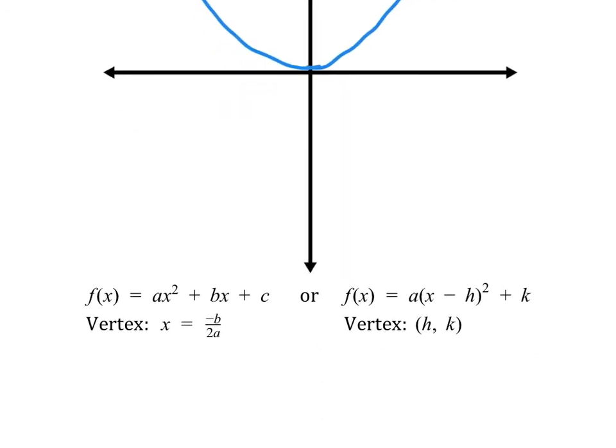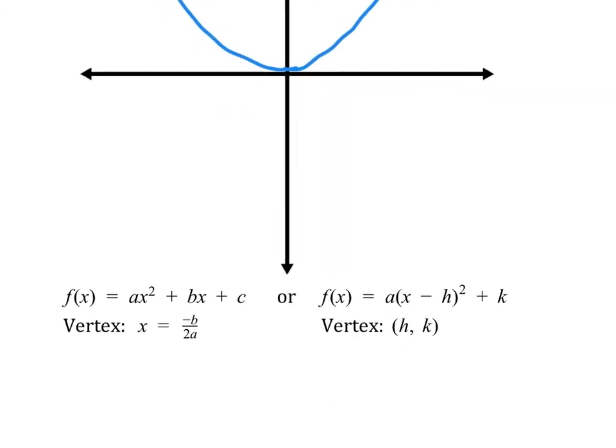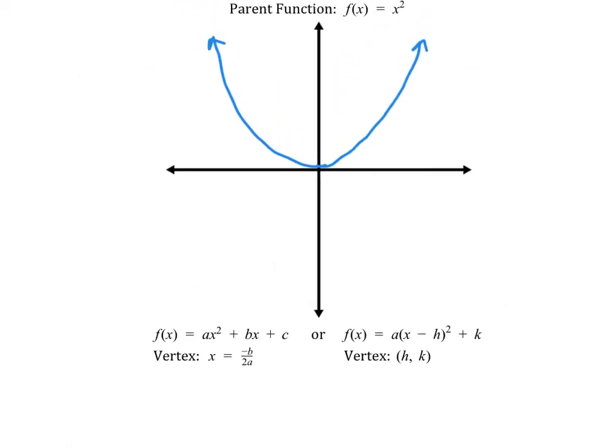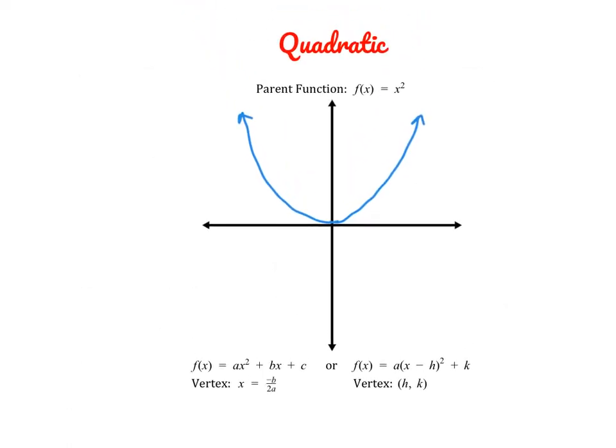Now there are different ways to find the vertex. If you are in standard form, we find the x value of the vertex using negative b over 2a, and then you substitute that in to find the y value. If it's in vertex form, our vertex is simply (h, k). So make sure you're comfortable working with both versions.